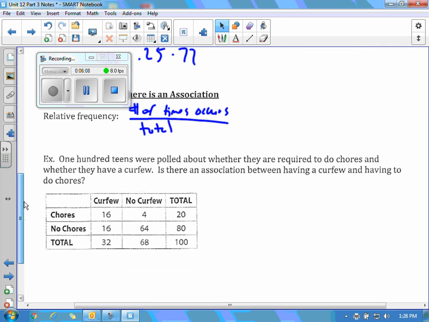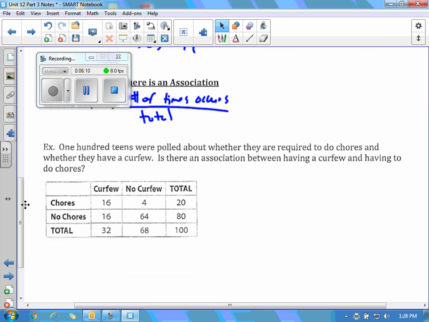It says 100 teens were polled about whether they are required to do chores and whether they have a curfew. Is there an association between having a curfew and having to do chores? So we're here about the chores. Let's first figure out how many kids have to do chores. So we know 20 kids have to do chores, out of 100 total kids.